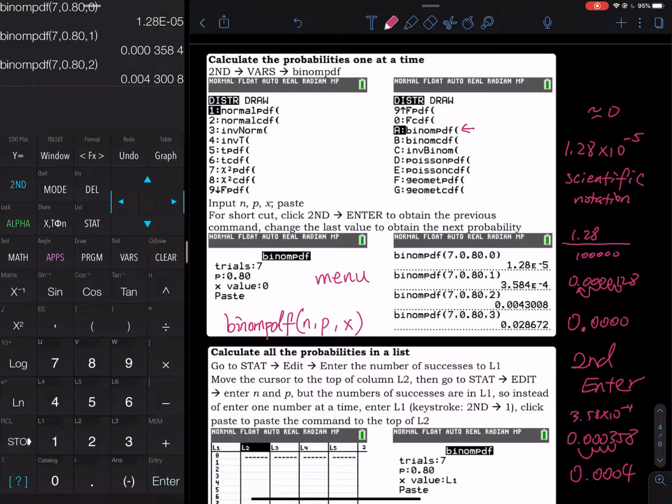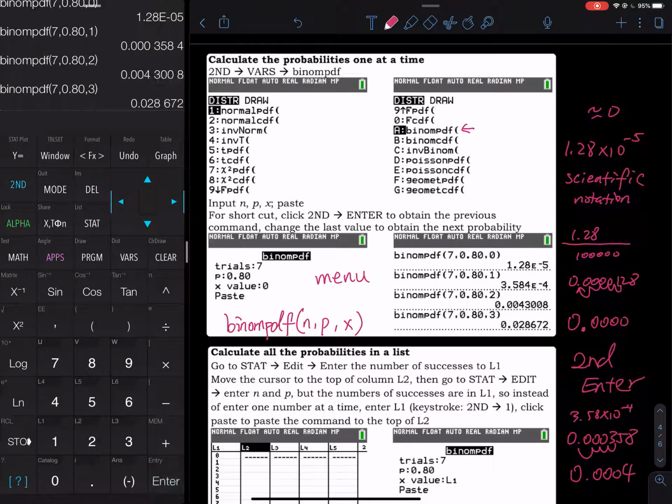0.0043. And then second enter, you change this to a 3, and then you get the next probability. Second enter, you change that to a 4, and then to a 5, and then to a 6, and then to a 7.